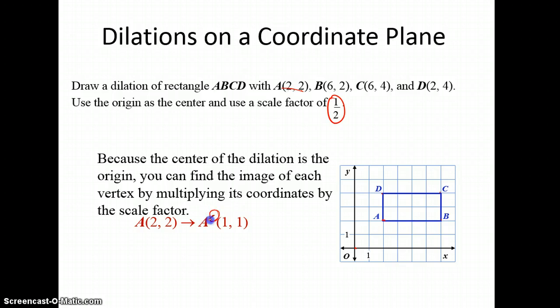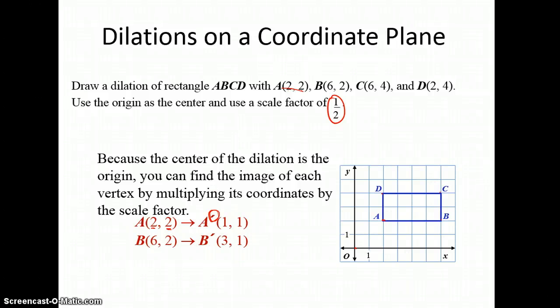Now, I've put this little apostrophe up here. Whenever we see apostrophes in math, we would say the word prime. So we take point A and we create A prime by multiplying both of its coordinates by the scale factor. And when we say A prime, that simply means it's been transformed in some way from its original figure. It's not the original.